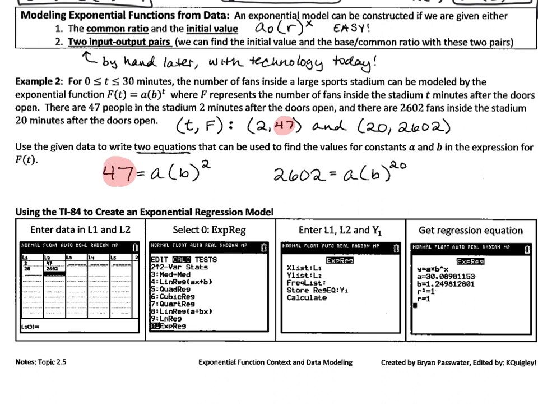That's where F is. That's the fan number. And I have an input value of 2, so I put that where the input value is, T for time. In the other equation, I was given a fan value of 2,602 and an input value of 20. So I just plugged the input and output values into two separate equations. Right now, we don't have the skills to solve for a and b by hand, but you can actually do it. It's not terribly difficult. We just haven't gone over logarithms yet, which is required to solve them.